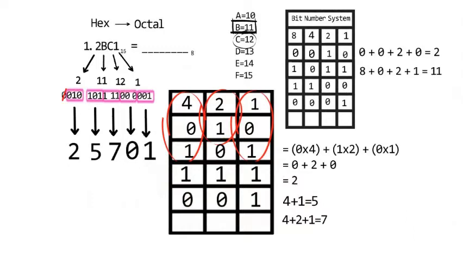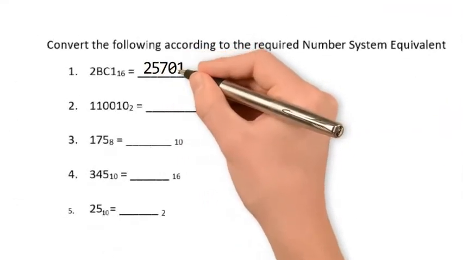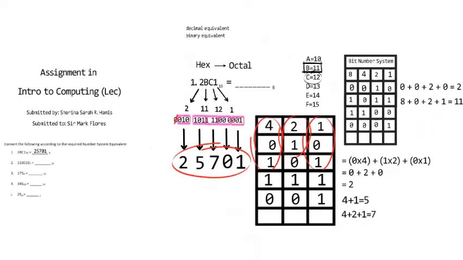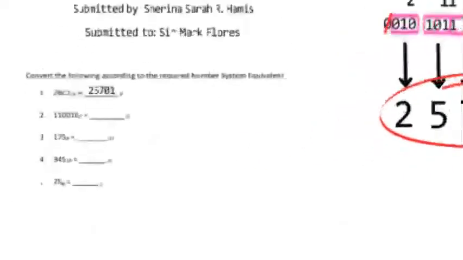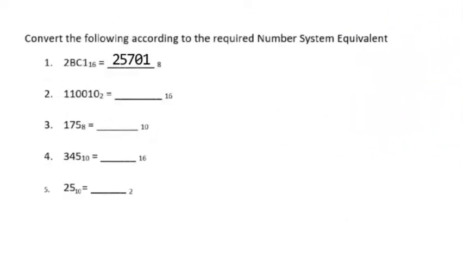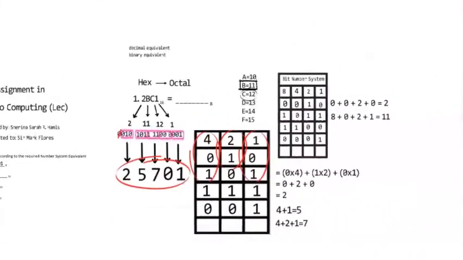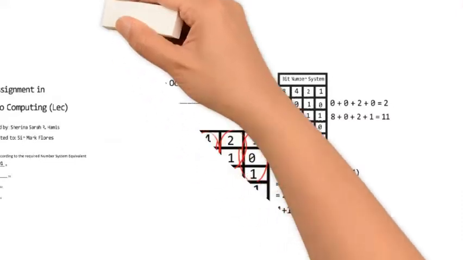So we have 2, 5, 7, 0, 1 octal number. Okay, so the final answer for number 1 is 2BC1 base 16 equals 25701 base 8. Okay, so let's erase this for a while.